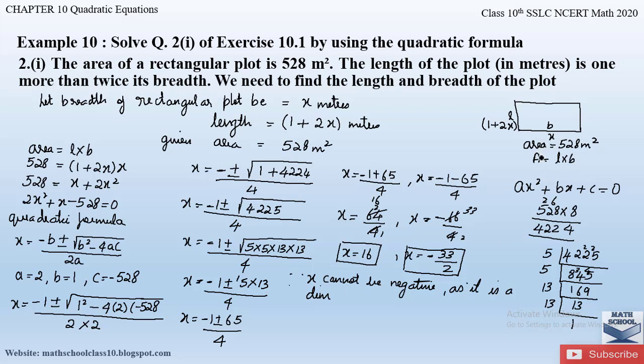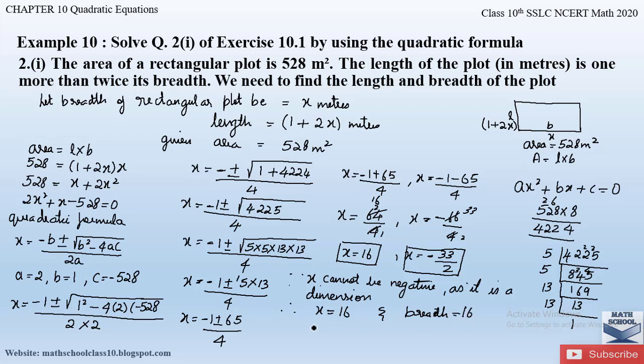Here we are measuring the breadth of the rectangular plot, which cannot be in negative terms. Like we cannot say the breadth of a plot to be minus 2 meters or minus 3 meters. So it has to be a positive counting number, plus 2 meters or 3 meters. Therefore we are not taking the x value equal to minus 33 by 2, since it is negative. So x cannot be negative as it is a dimension. Therefore the breadth of the plot x is equal to 16.